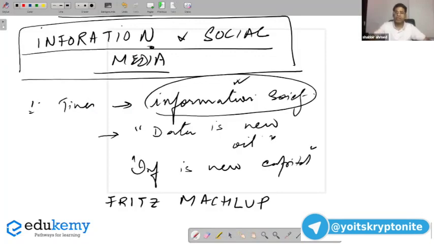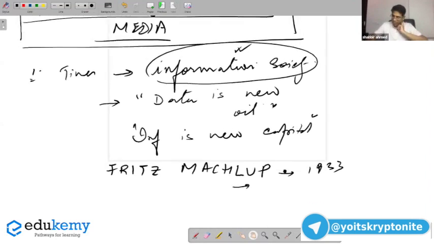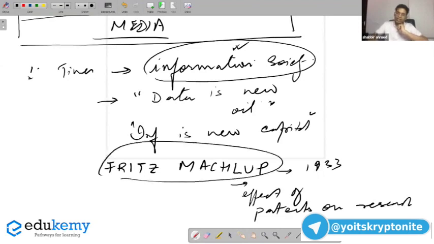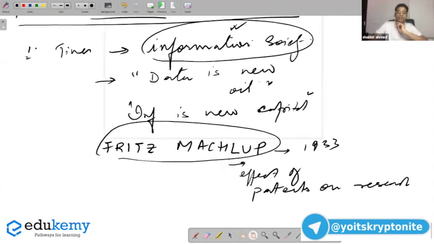He coined this word, information society, and he wrote a book in 1933, a book which was about the effect of patents on research. So he coined this word that we live in an information society.